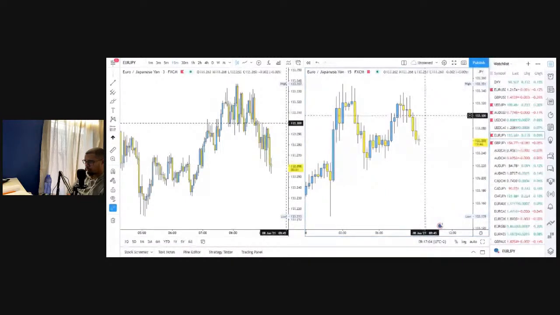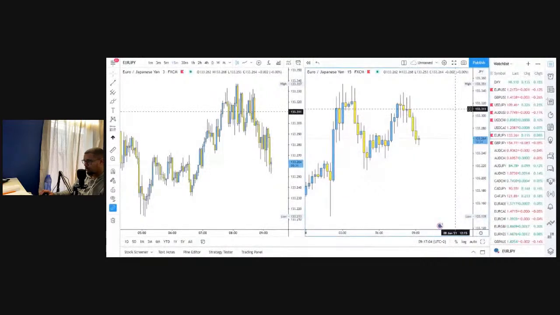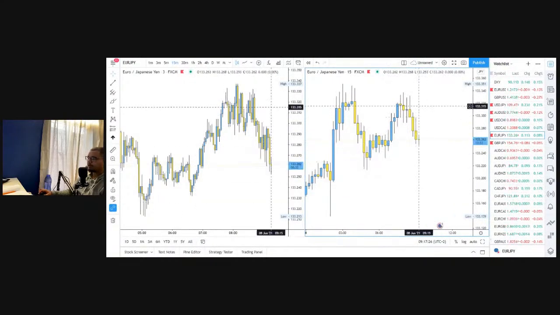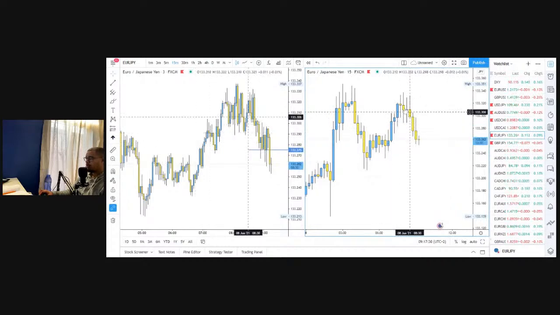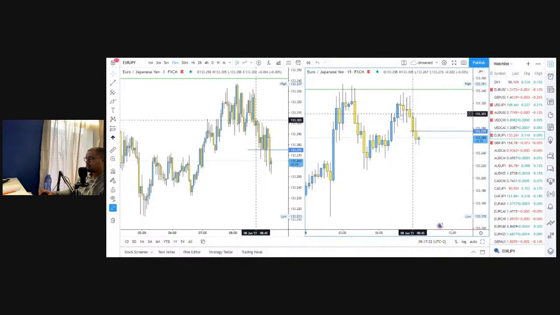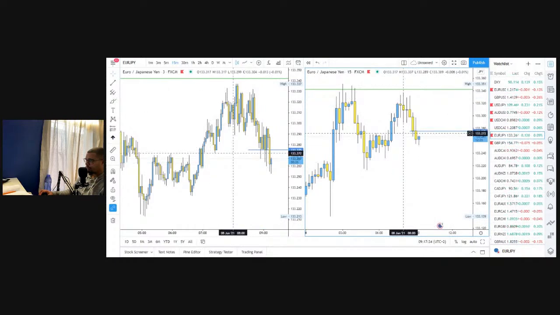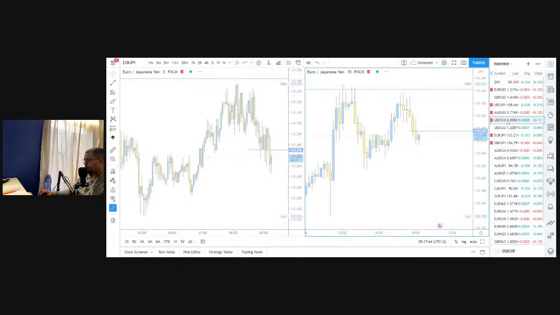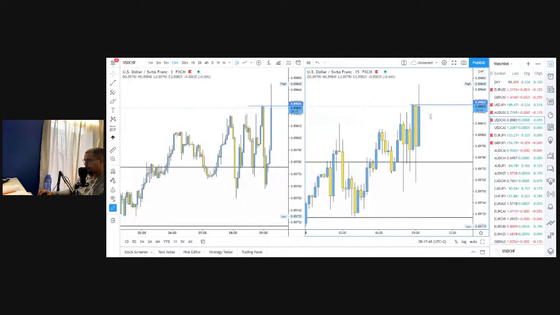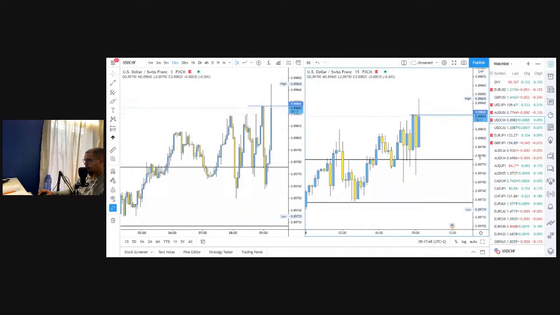In practice, more often than not, we do move in the direction that we forecast, but then obviously price will come back on you, take you out at half a percent, and then move in your direction. So yeah, man, look at USD CHF.